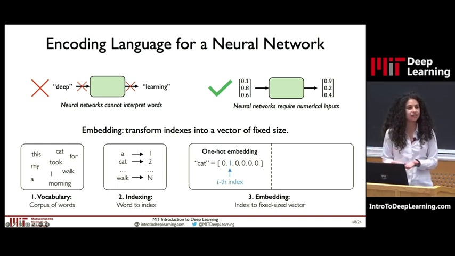And this is an idea of what we call a one-hot embedding or a one-hot encoding. And it's a very simple but very powerful way to represent language in a numerical form such that we can operate on it with a neural network.